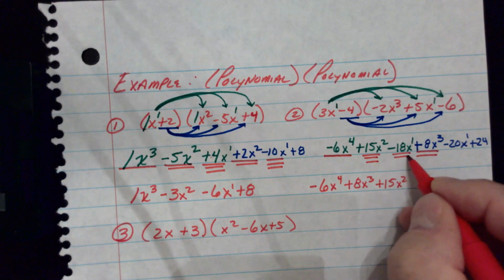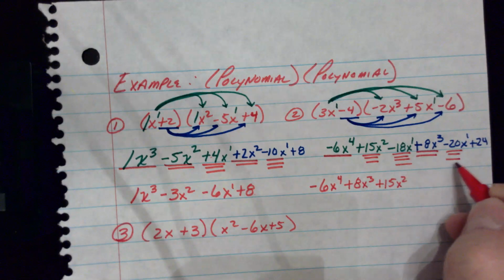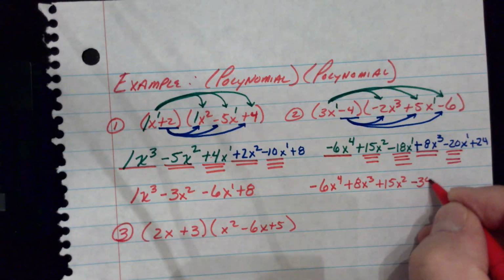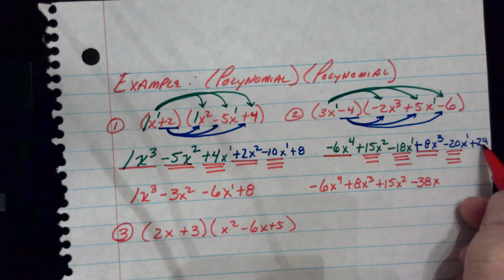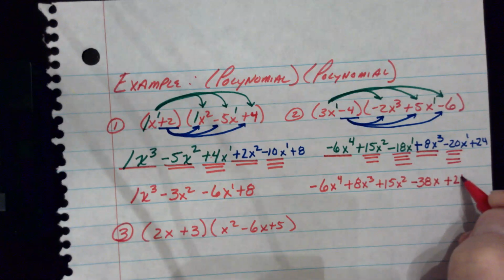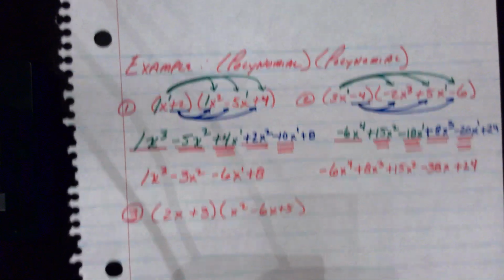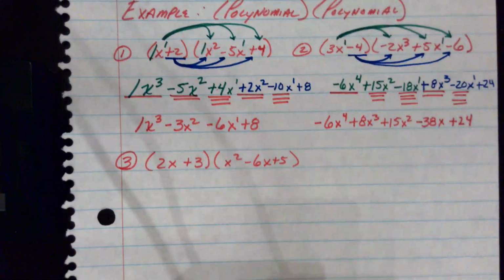There are two terms: negative 18 and negative 20 makes negative 38x, leaving me the positive 24 at the end. So two pretty good examples there. Lots of multiplication, lots of things going on. I want to do one more for you, and this one right here.